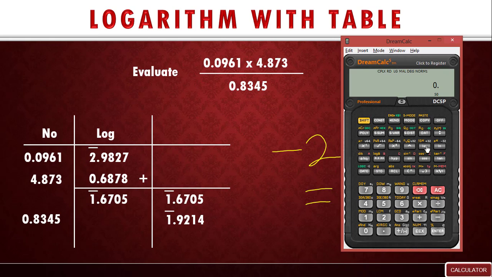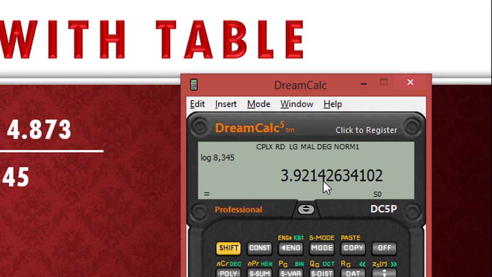So we check log 8345, press equals to or enter. Then the only numbers that we need here is this mantissa side, so we don't need its characteristic. We only need the 4 digits after this decimal, which is 9214.